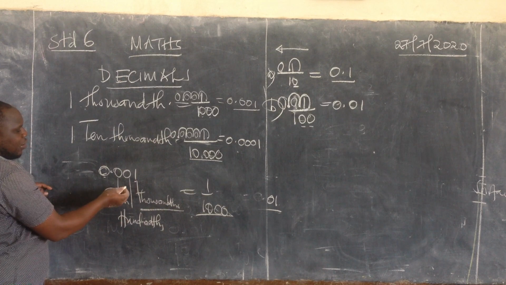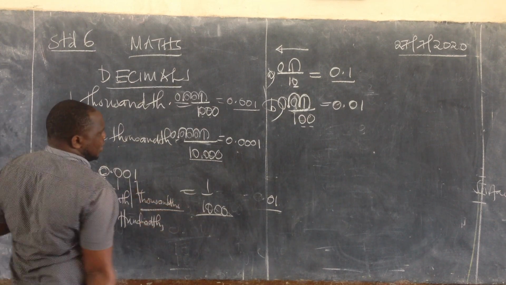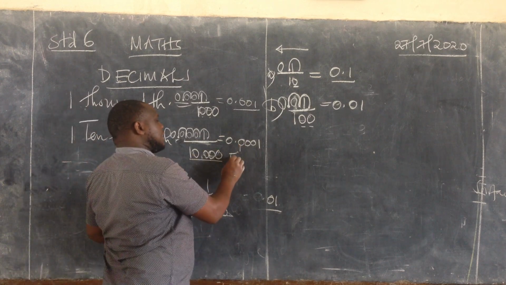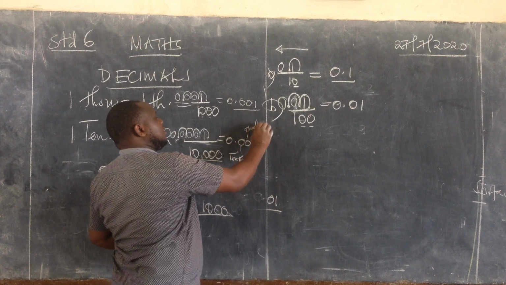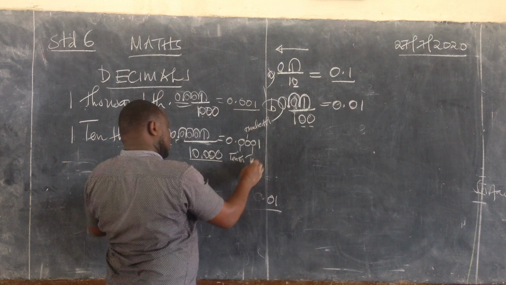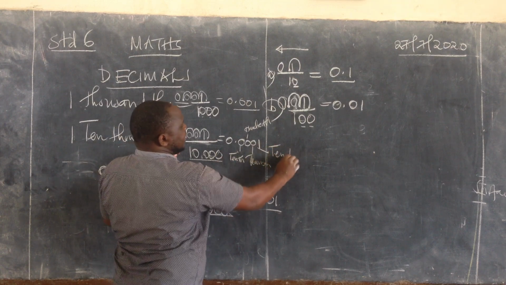So 1 over 1,000 is simply written by writing the 1, then counting how many zeros: 1, 2, 3. Then this becomes tens, hundreds, thousands, and then ten-thousandths.